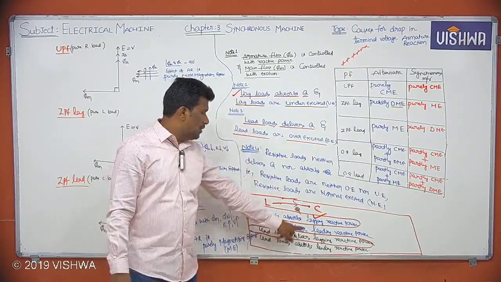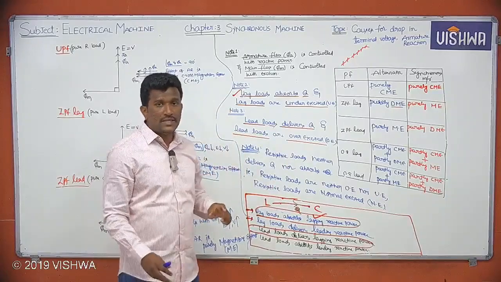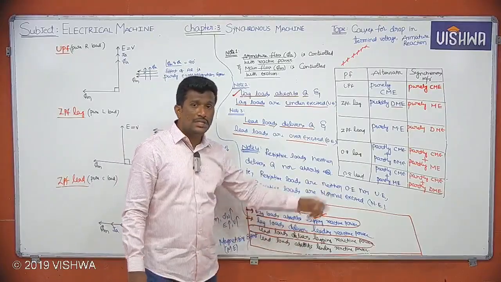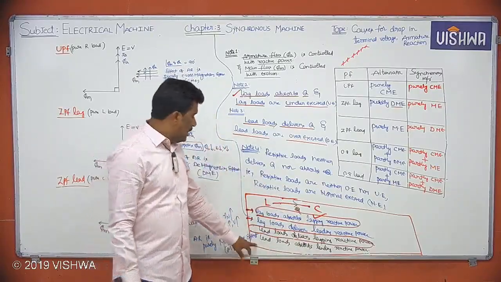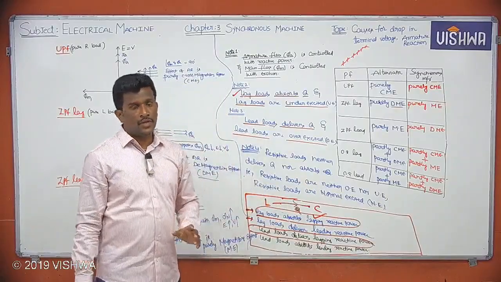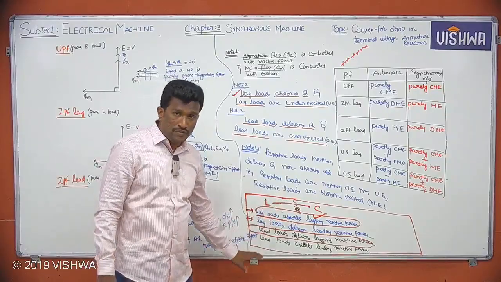Lag loads deliver leading reactive power, correct. Lead loads deliver lagging reactive power, correct. Lead loads absorb leading reactive power, also correct. So these points are important for the examination point of view.